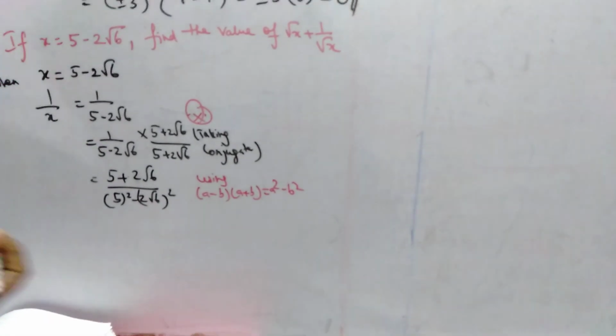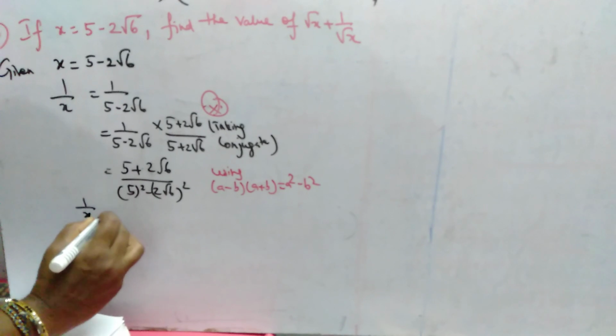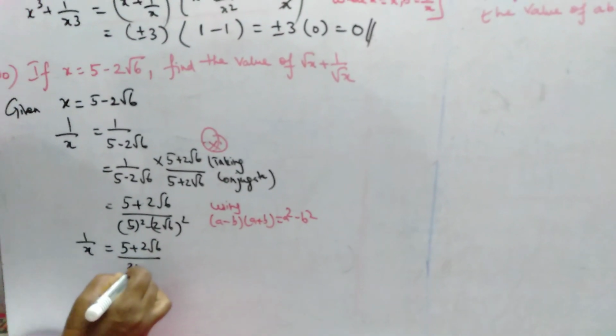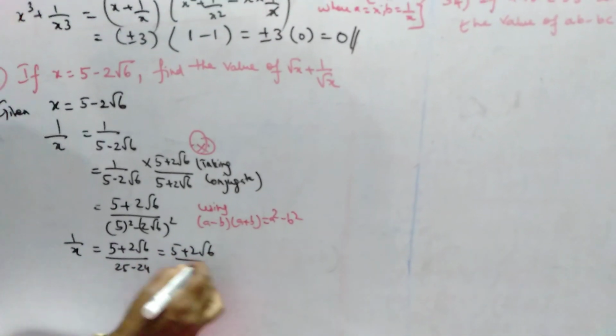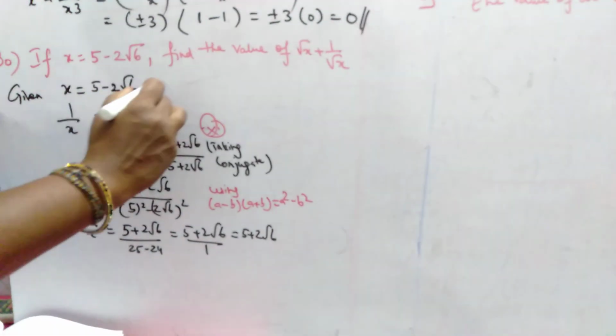Okay. So what we will be getting here is 1/x = (5 + 2√6)/(25 − 24), which is equal to (5 + 2√6)/1, which is equal to 5 + 2√6. Okay.